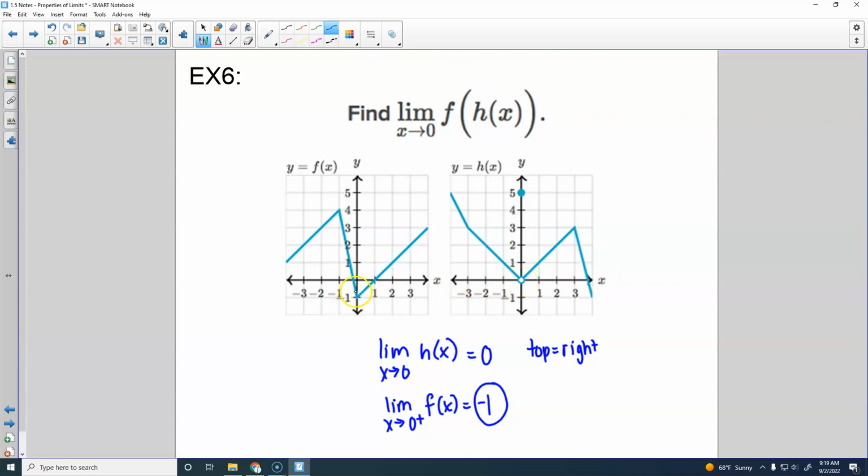Right here? We are only looking at where x equals 0 on this graph. So our x equals 0 right here. So we're looking at as we approach from this side and from this side. So you're looking at the points closest to it. It may go below on the other side.